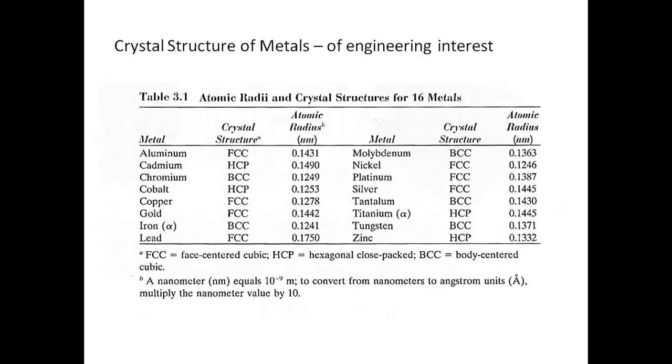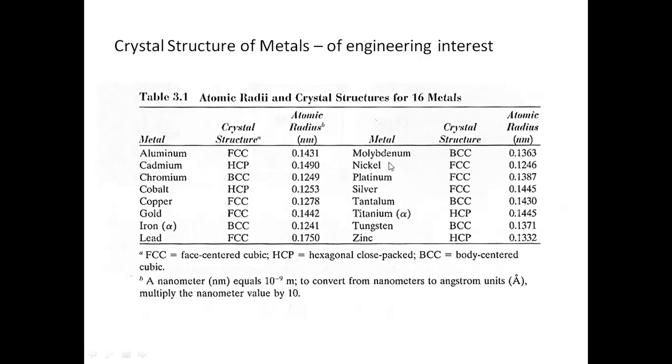Chromium is BCC, body-centered cubic crystal structure. Cobalt is HCP, copper is FCC, gold is FCC, and you have the radii there, the radii of each atom there, put in nanometers. So aluminium, the radius of aluminium atoms is 0.143 nanometers, okay?